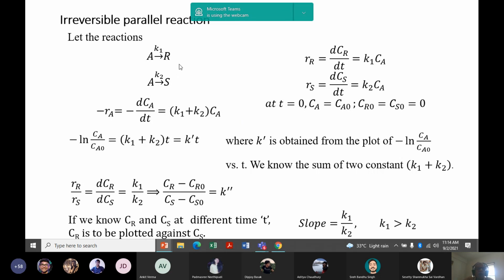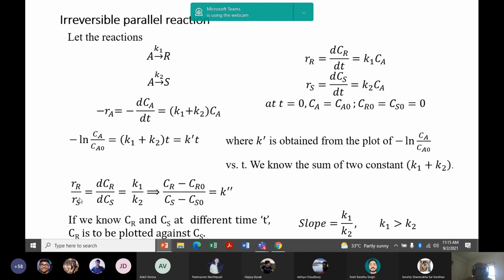And if it is first order, both irreversible, then the summation of these two rate constants is calculated from the plot of log of Ca0 by Ca, that is Ca/Ca0, versus time, where K prime, the slope, is giving K1 plus K2.